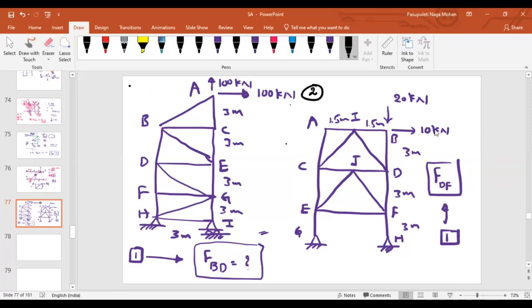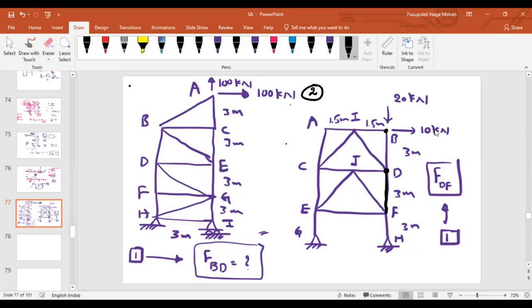So our interest is in finding the force in the member DF, right? What about method of sections and what about method of joints? If I'm talking about DF member and I go for the method of joints, I should go for this joint and then come to this joint.